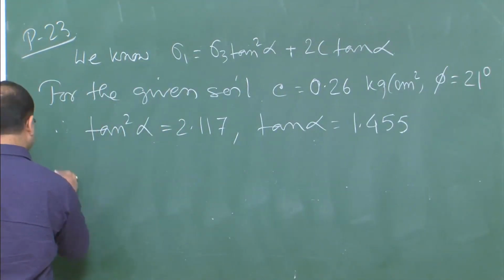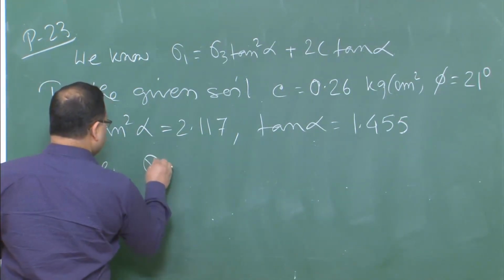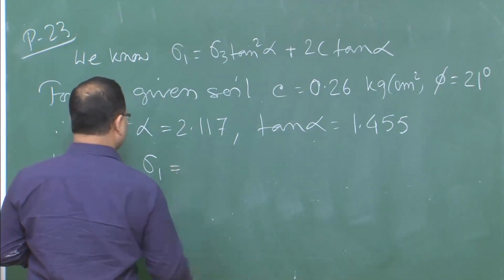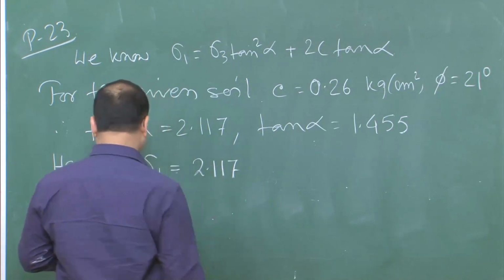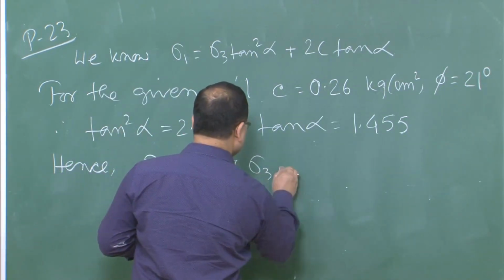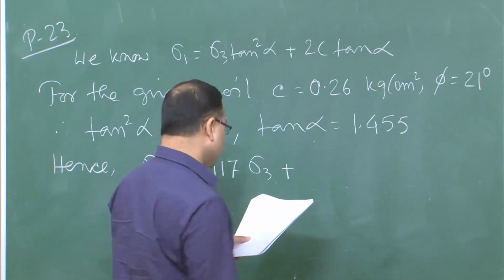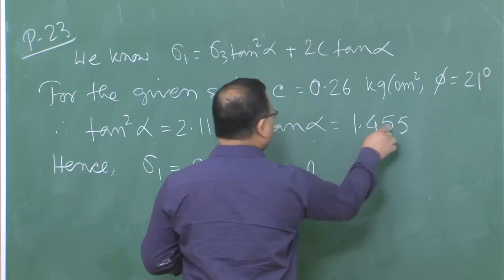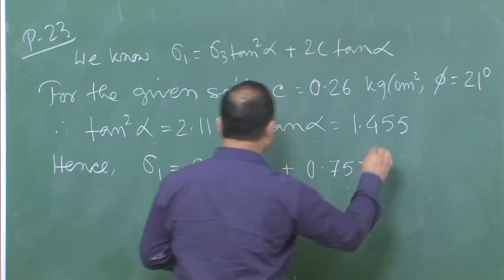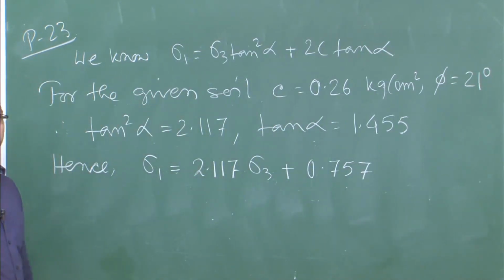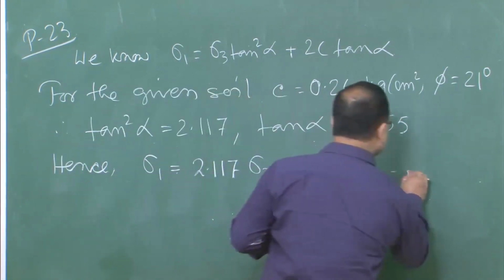Hence sigma 1 is equal to 2.117 sigma 3 plus 2 into C, C is 0.26, and tan alpha is 1.455. So, that gives me sigma 1 is equal to 2.117 sigma 3 plus 0.757. I am calling this equation 1.